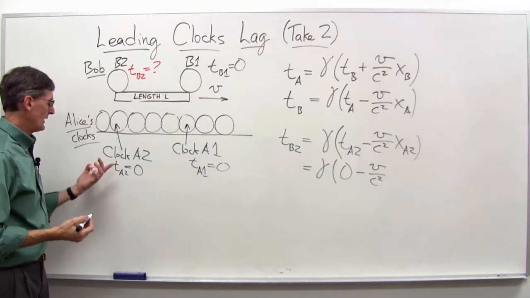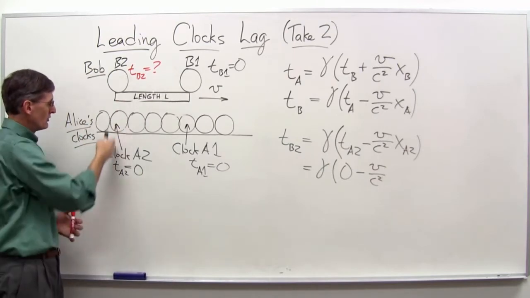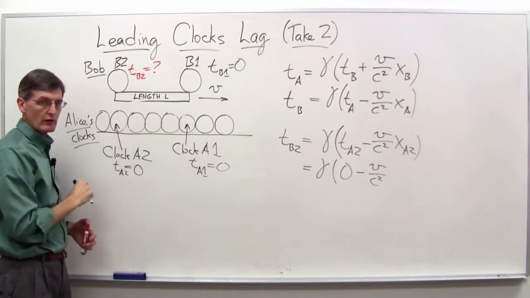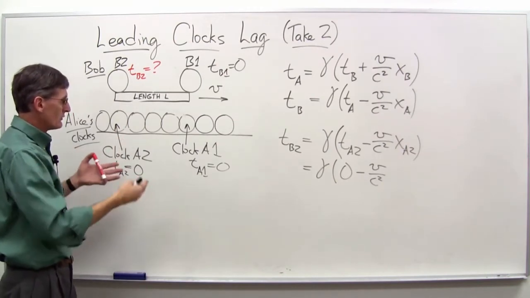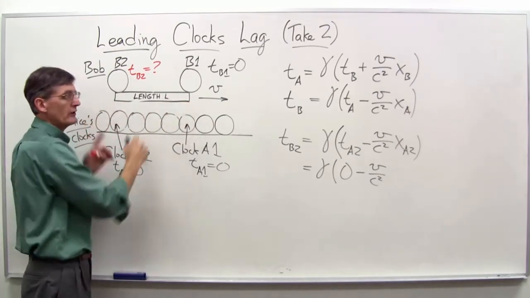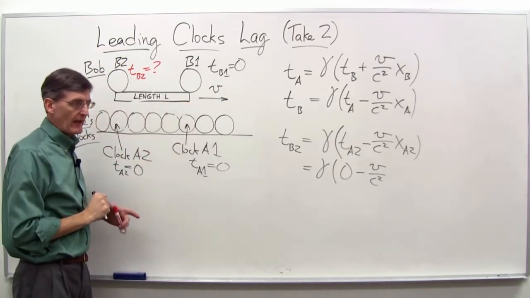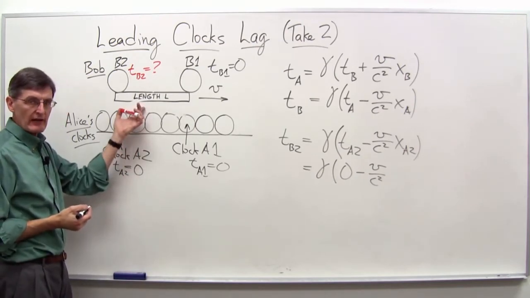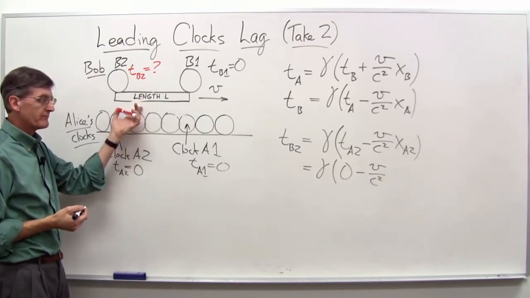Now, what is XA2 here? What is the position, the x location, as far as Alice is concerned, of her clock A2? Well, the only distance we have involved here is the length of Bob's spaceship, according to Bob. And remember, to Alice, that length is contracted. It's shorter.